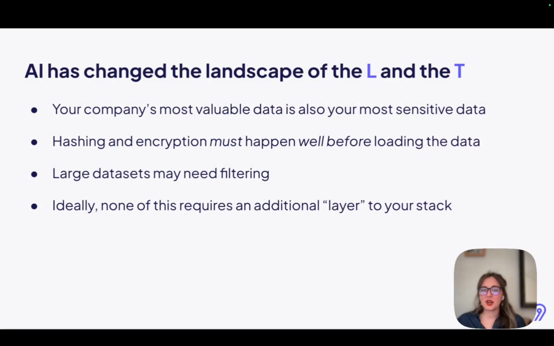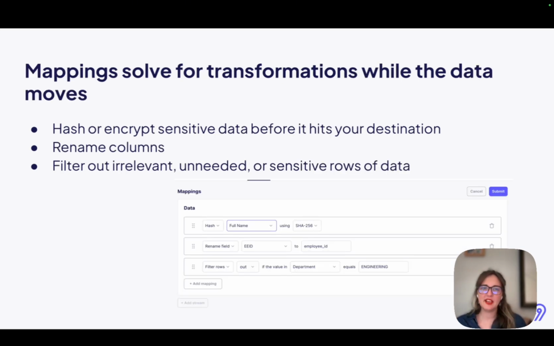There are also a lot of large data sets that are being moved around, and you may not need all of them. It makes sense to apply some degree of row filtering prior to syncing that data. And ideally, none of this requires adding an additional tool or layer to your stack. You should be able to configure this right where you're setting up the rest of your data movement. And so, what we've introduced is mappings.